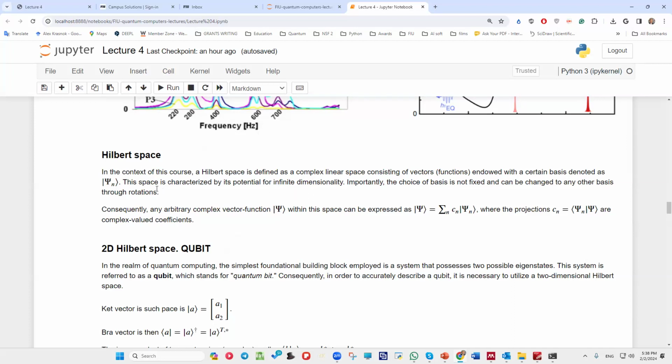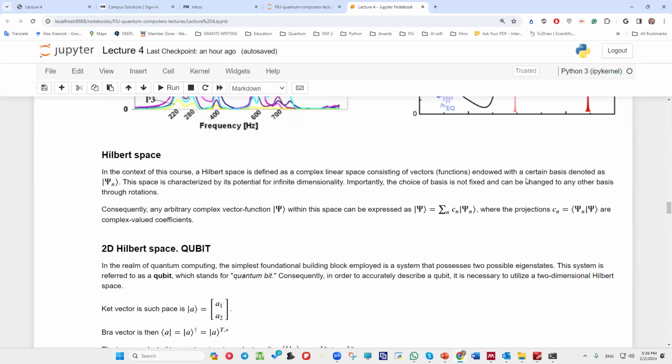Put in a simple way, in the physical context, in the context of this course, a Hilbert space is defined as a complex linear space consisting of vectors or functions. So from this moment, we treat functions and vectors the same way.